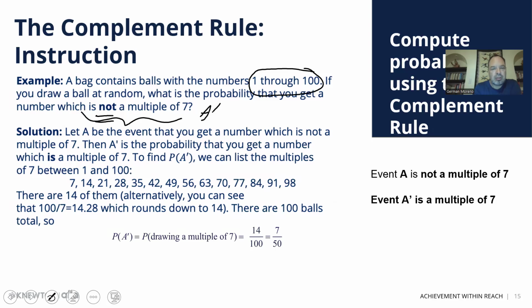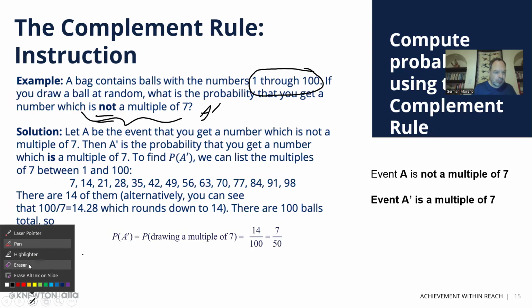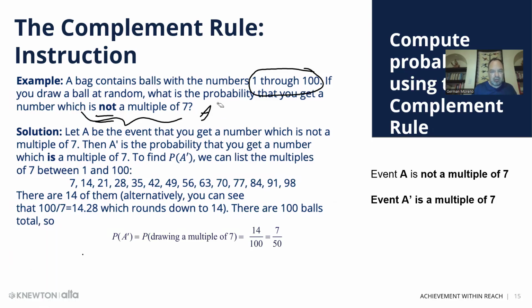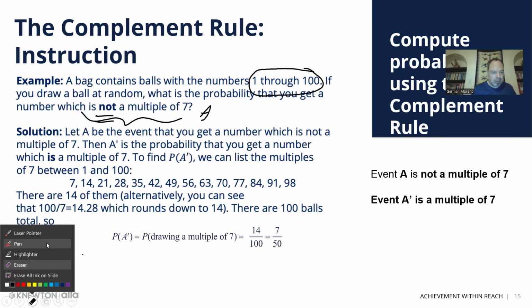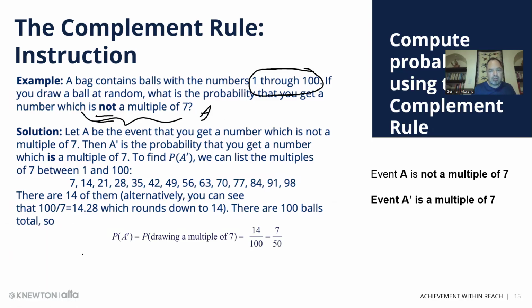Oh, no, no. They're calling that A. We're going to call that A. That's one thing you have to make sure of, that we're defining things the way they're doing it if they're defining them for us. So this is A. And A prime are the multiples of 7.